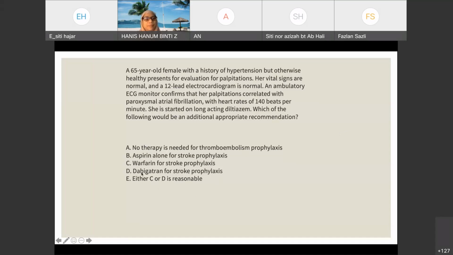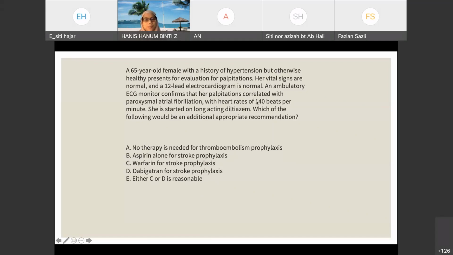Why do you guys answer C or D? Anyone want to explain? Yes, that's good. You can either use VKA or NOAC. But why is that needed in this patient?